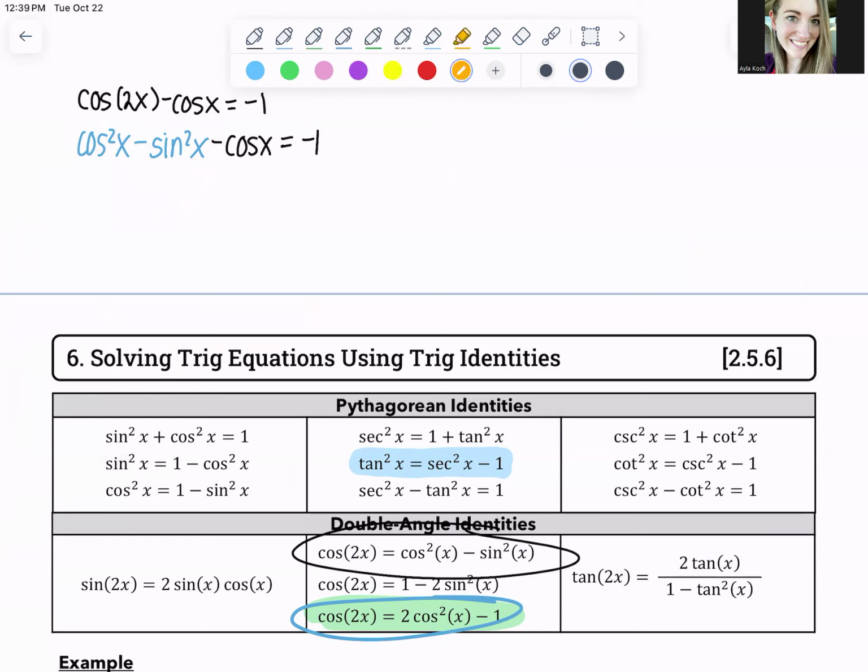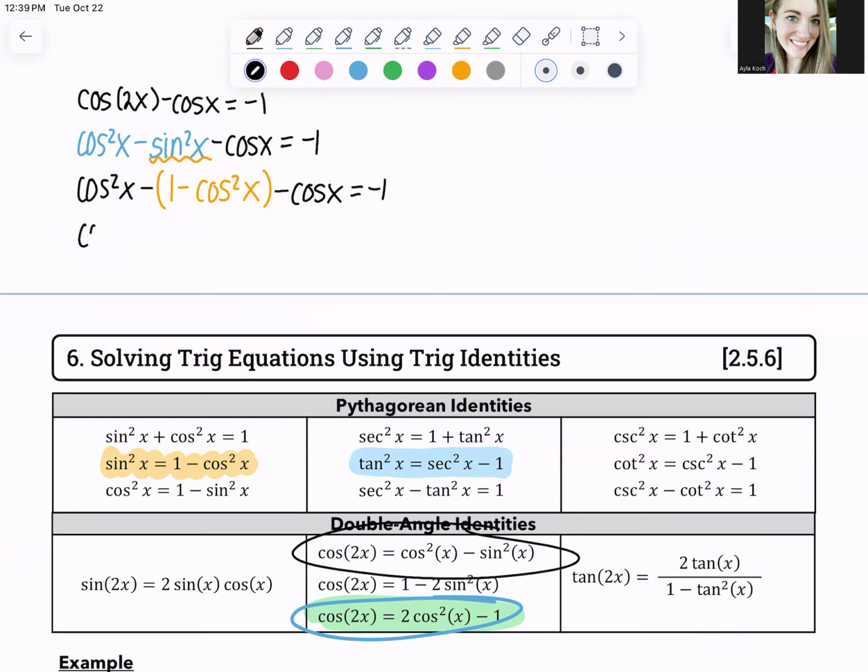Aha, I can use this guy right here. So you would have cosine squared x minus, being careful with your parentheses, of course, 1 minus cosine squared x, minus cosine x is equal to -1. So what we did there was replace sine squared with 1 minus cosine squared x.